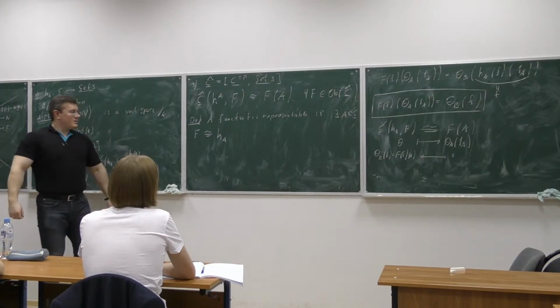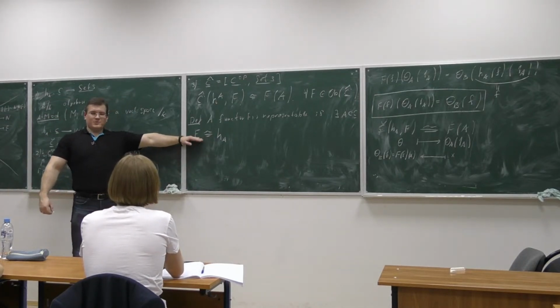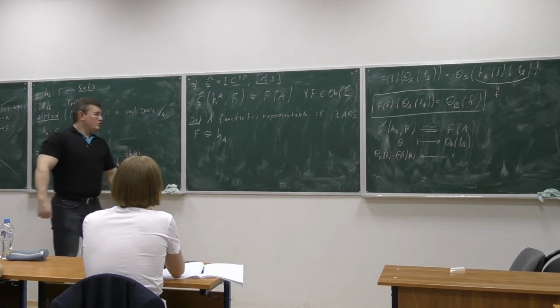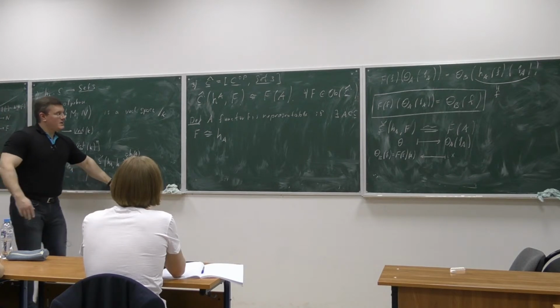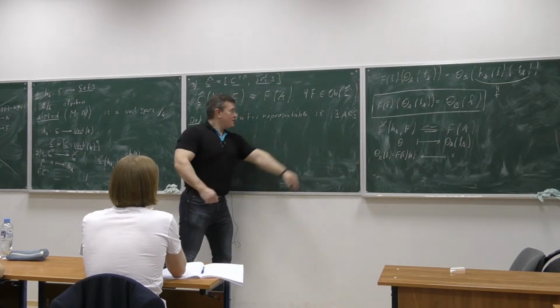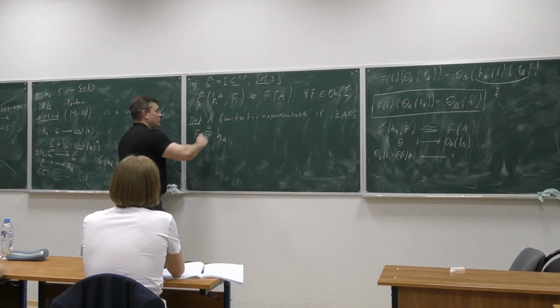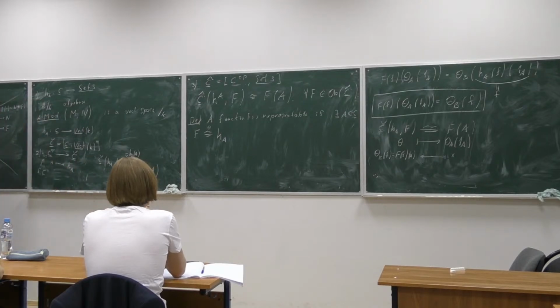So before I was saying that representable functors are these functors HA. Well, this is true up to isomorphism. So if a functor is isomorphic to HA, it's also called representable. So in some sense, a representable functor is a pair of data. So object A and also some natural isomorphism theta. Okay.